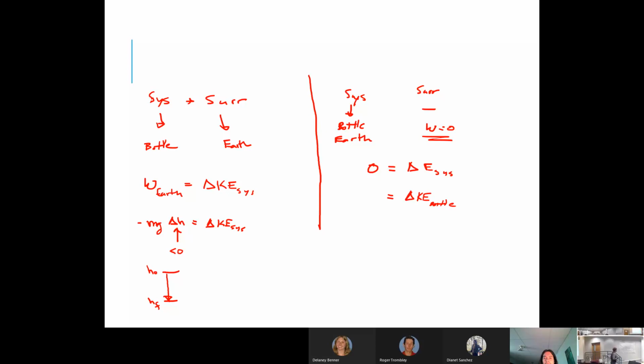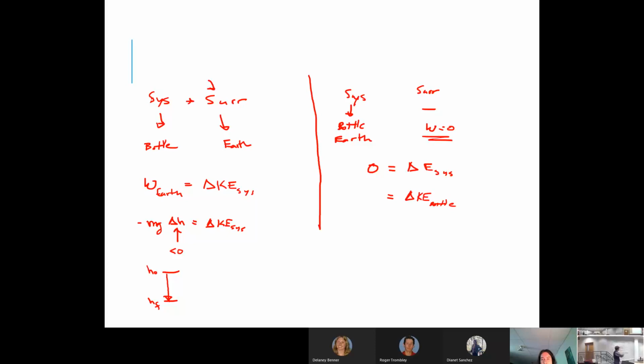What other form of energy do we now have to consider? The gravitational potential energy. There's a second form of energy inside our system now that we haven't had to take care of. With the earlier choice, because the earth is in our surroundings, we don't have to worry about gravitational potential energy.